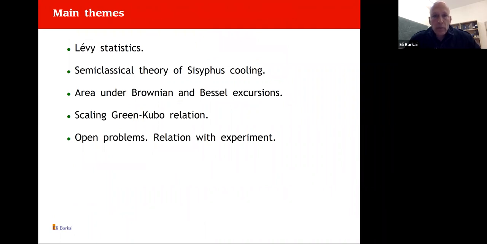So the main themes of my talk are, first of all, a reminder of what is Levy statistics, but you know all about Levy statistics. I want to explain more what is our physical problem with Levy statistics. I want to remind you or tell you about a paradox that physicists see, that Levy statistics, in the context of diffusion at least, is not a physical process.